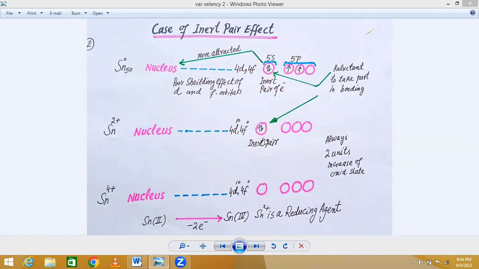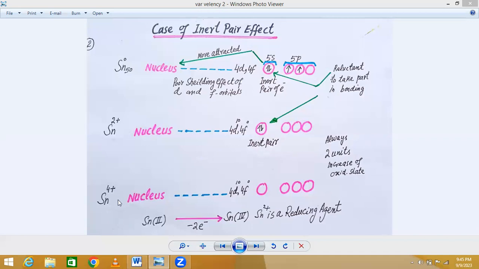So, imposing a new condition, the 2 electrons from 5s can be lost during a reaction to take part in the bonding. So by loss of the 2 electrons from 5s, there would be a result of tin 4 plus.